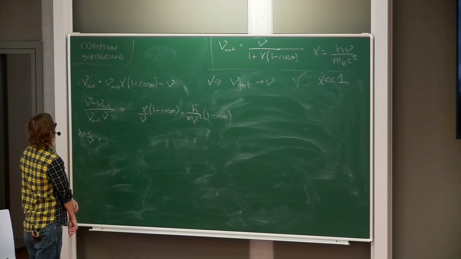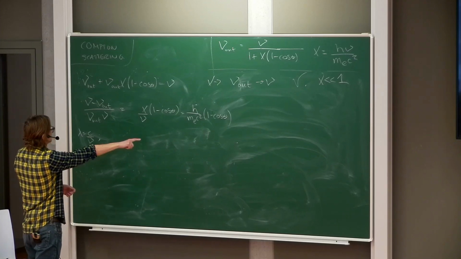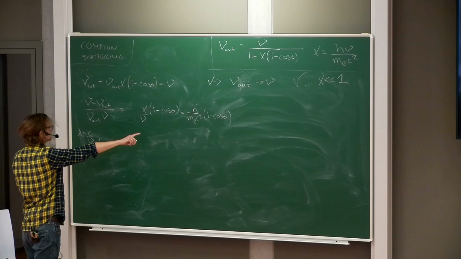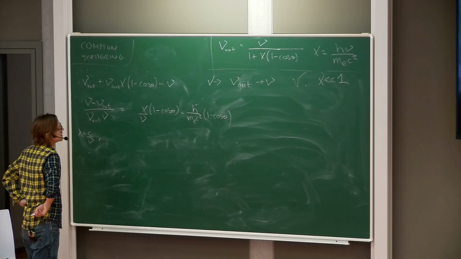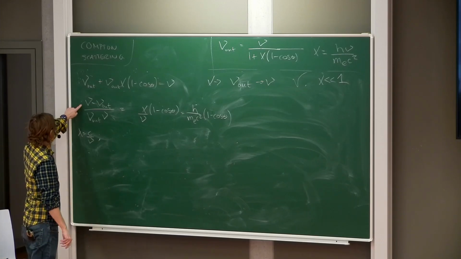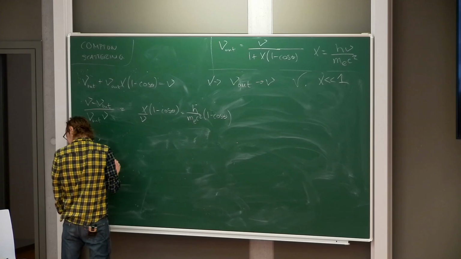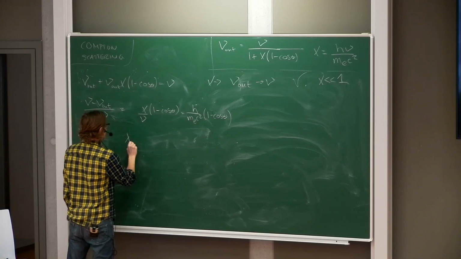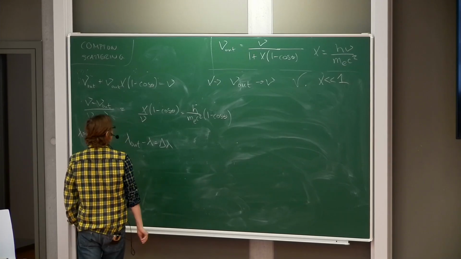If you just multiply this now by c, we see that this is going to be lambda out minus lambda, which is then our delta lambda.